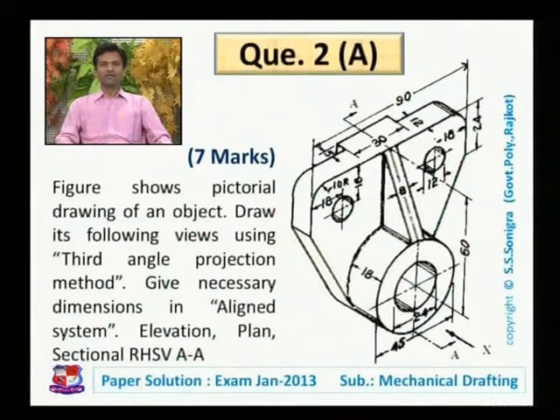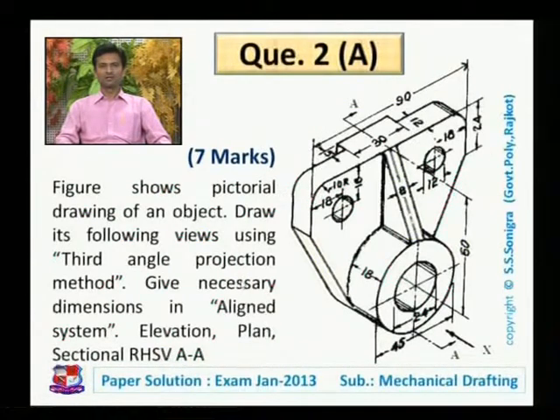Now while we draw such kind of problems, first we have to do planning of the drawing. Here third angle projection method is given. In third angle projection method, elevation and plan is drawn. Elevation is drawn below the plan, so plan should be drawn at the top.